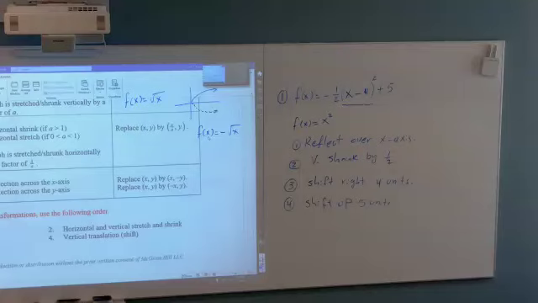Let's say reflection over the x-axis. Tell me another transition. Stretch it, vertical stretch by 2. Next, we're going to shift it to the left, 4 units. Next, move it up 7.